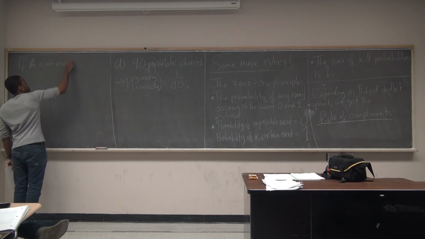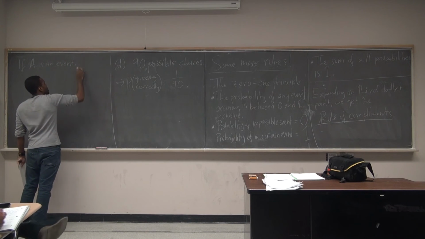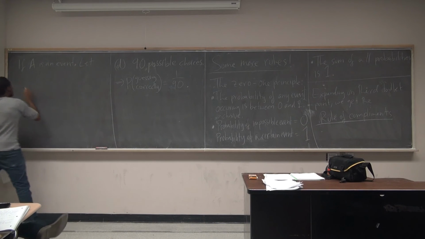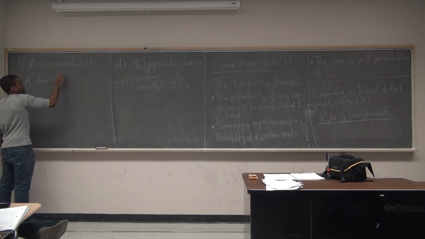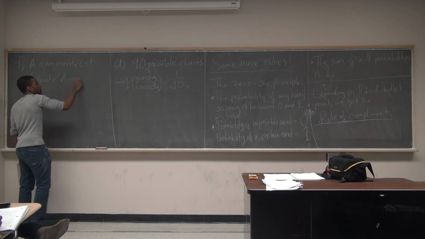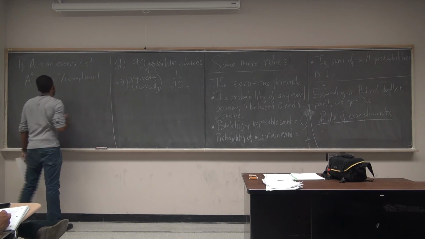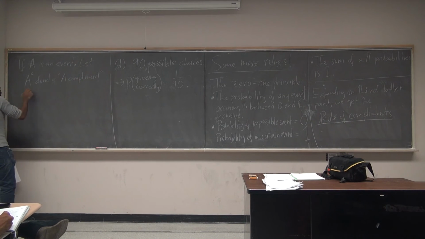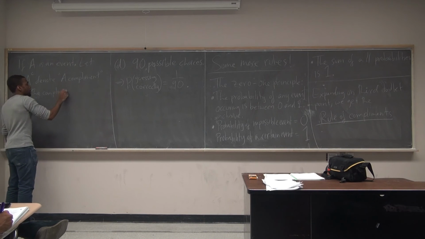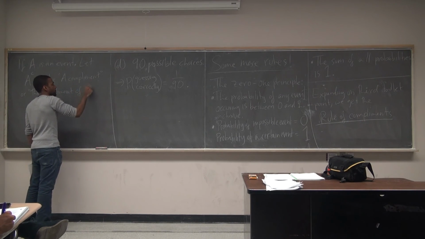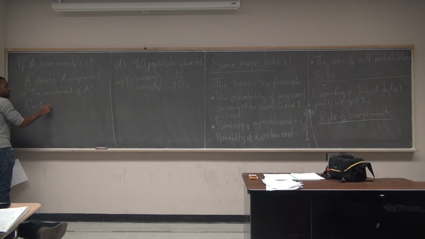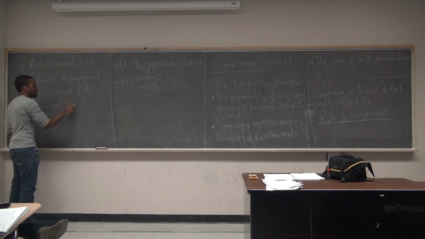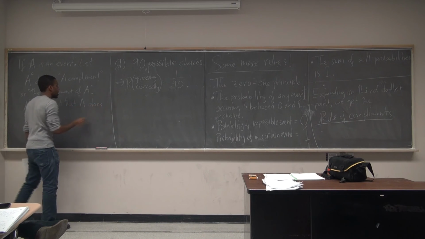Given an event, let A with a little c up here denote a complement, which I usually say as A complement or the complement of A. Note that A complement is the event that A does not occur.